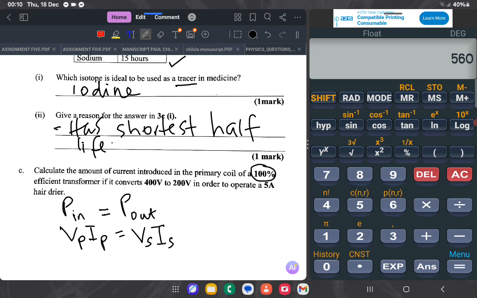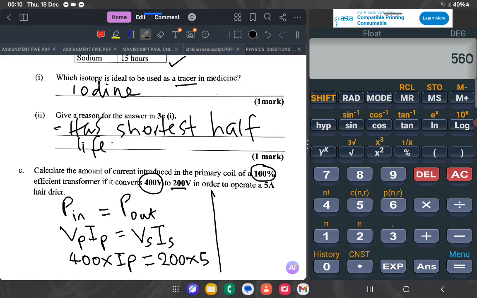So we are told that voltage in the primary coil is 400. So we have 400 volts multiplied by current. This is the one we need to find. And the voltage in the secondary coil is 200. So we have 200 multiplied by current, which is 5.